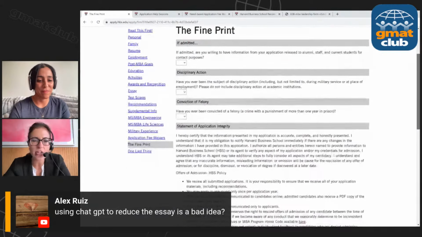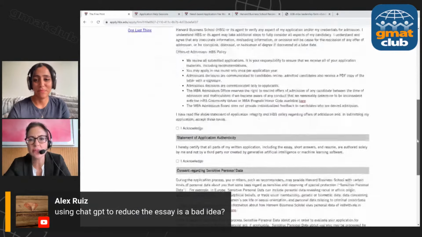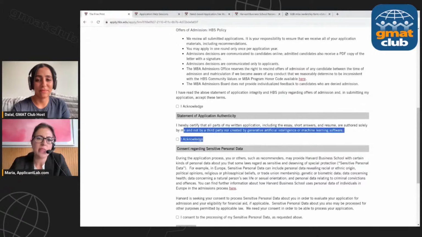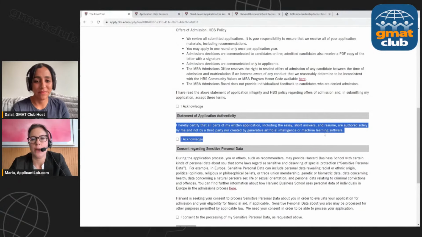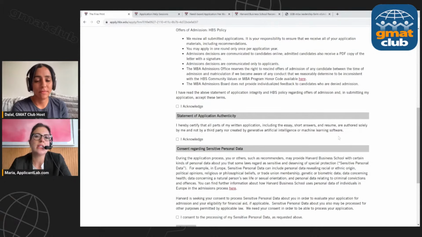Because if we jump ahead to the fine print, they have a statement of application authenticity: I state that everything in here is authored solely by me and not a third party, nor created by generative artificial intelligence or machine learning software. So if you wanted to interpret this as strictly as possible, I think that would mean that you don't use ChatGPT to reduce the word count.